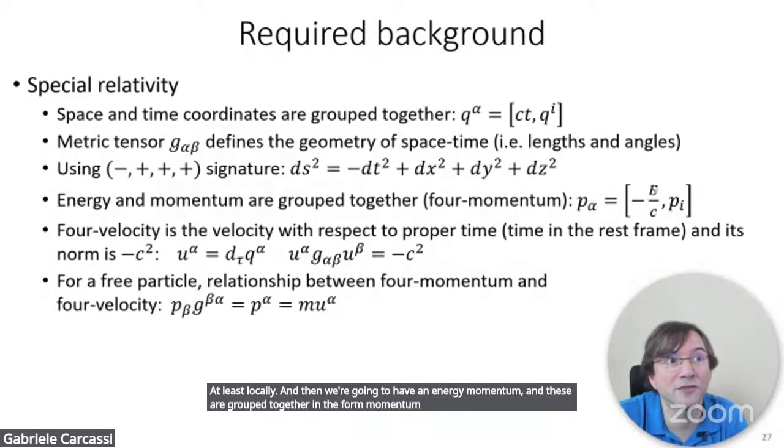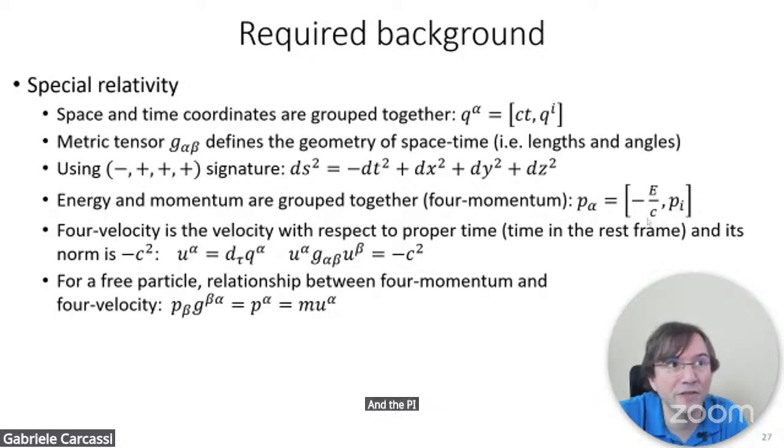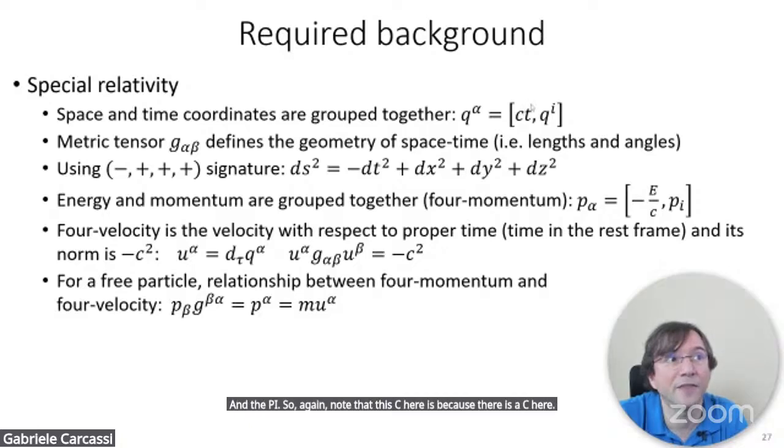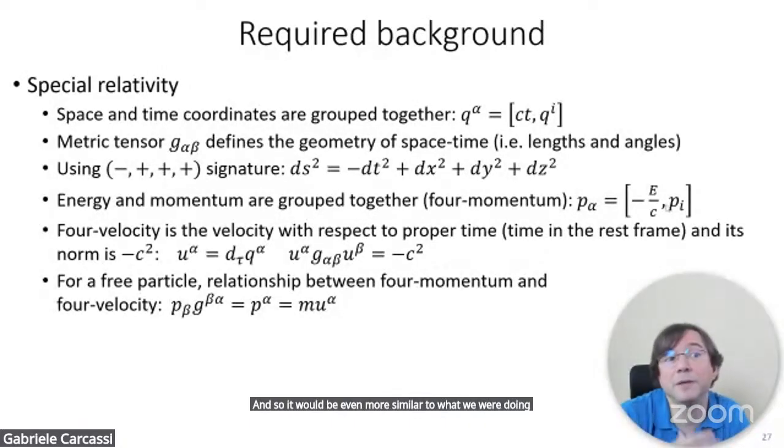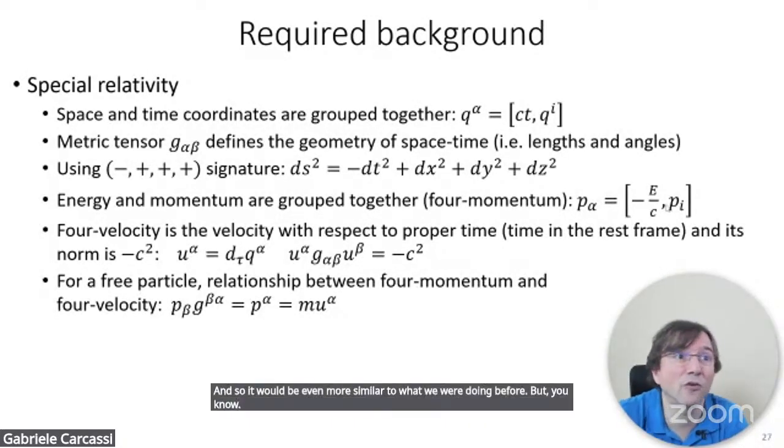So we have minus the energy over c and the p_i. Again, note that this c here is because there is a c here. If we define this as t without the c, this would just be minus E, and so it would be even more similar to what we were doing before. But it's just a matter of convention of the units, how you want to define things.